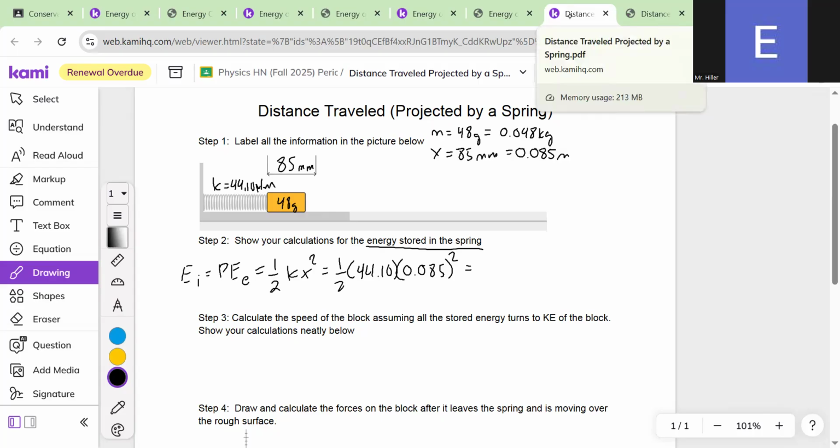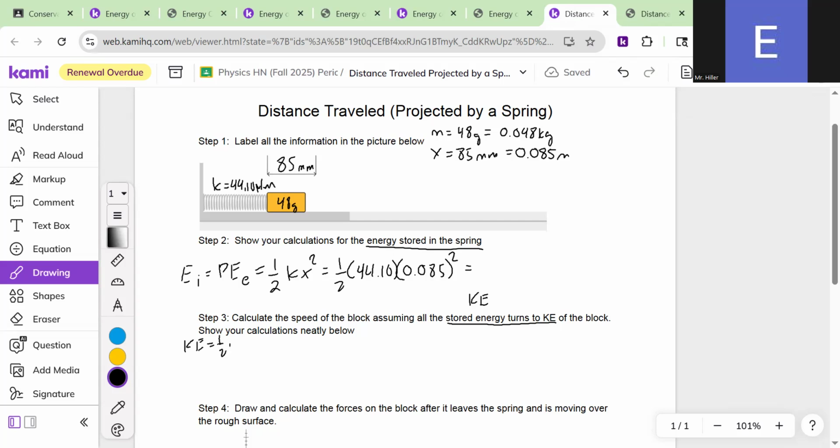Let's figure that out. So you can find that, and then you can find the speed, assuming all the stored energy turns into kinetic energy. Once you find that, that's also going to be the kinetic energy of the block, and you can find the speed. Now I'm going to show you a second way to do this problem. Because one way is kinetic energy equals 1/2 mv squared, solve for speed, multiply by 2, divide by mass, square root.